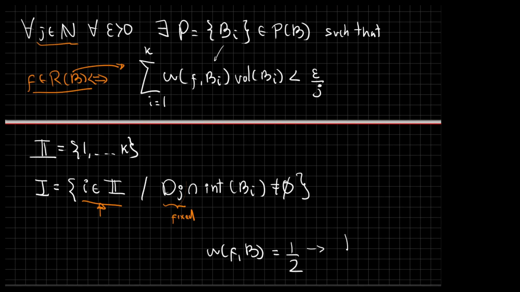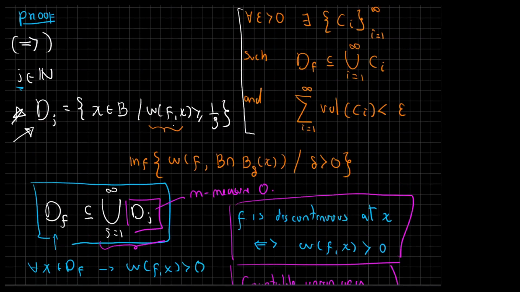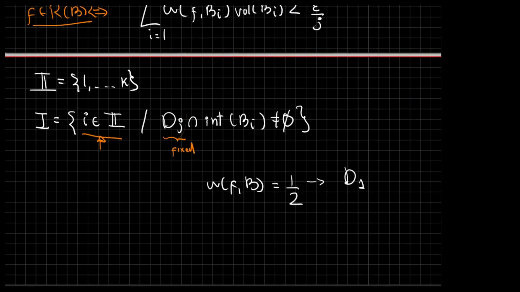If this happens, then the set D of 1, by which I mean the set in which the punctual oscillations are greater than 1, will be the empty set, because you need to recall that the oscillation at one point is always less or equal than the oscillation at the whole domain.